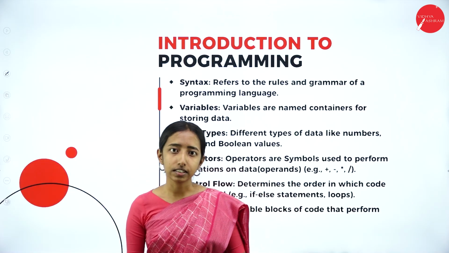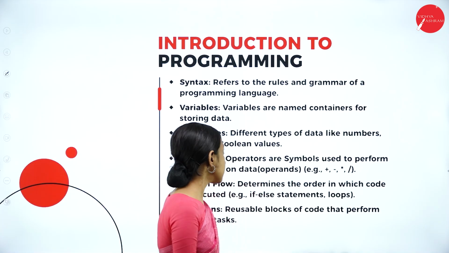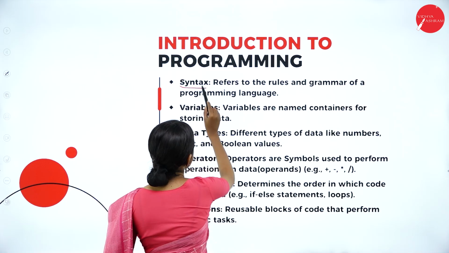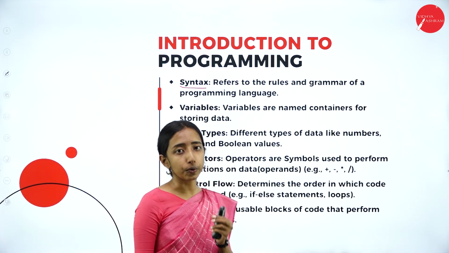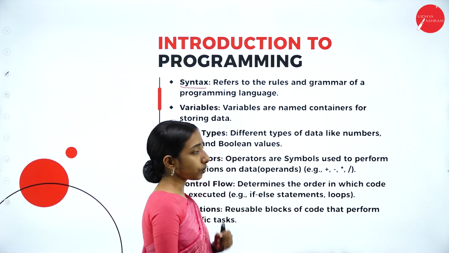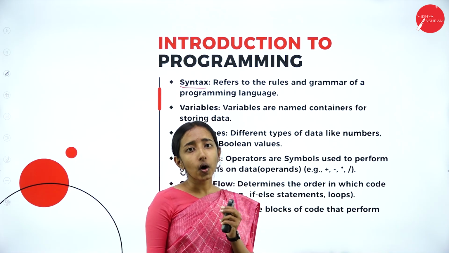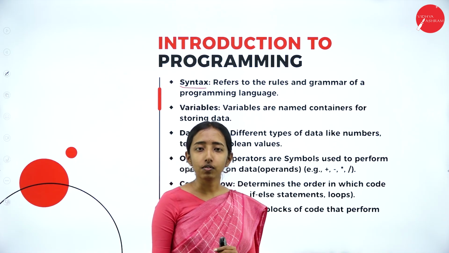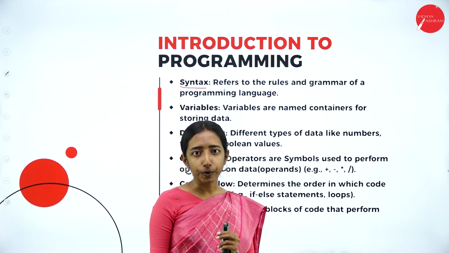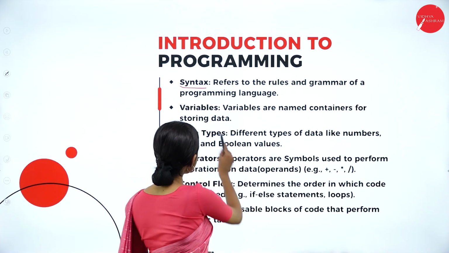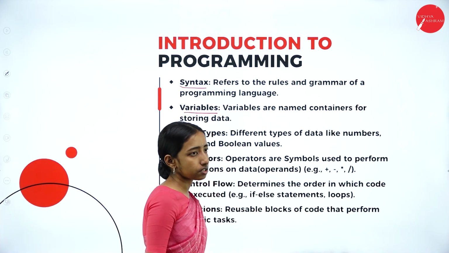Next, we have the main part of programming, that is syntax. Syntax refers to the rules, the grammar of a programming language. Every programming language will have a basic syntax to do the programming. Next, we have variables.